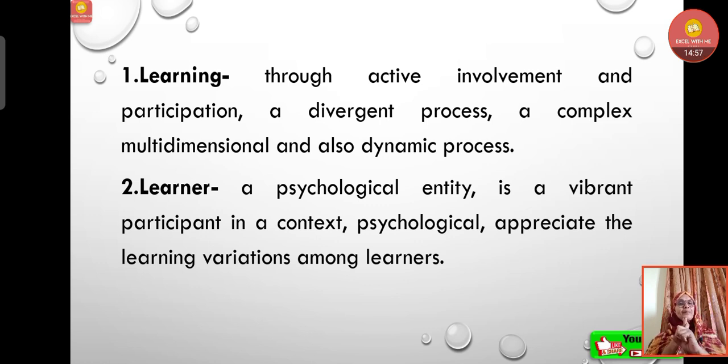First is learning, that is through active involvement and participation, a divergent process, a complex, multidimensional and also dynamic process. This is the dynamics of the teacher education curriculum. Learning, then learner, very important, focus should be on learner. A psychological entity is a vibrant participant in a context. Appreciate the learning variations among learners.